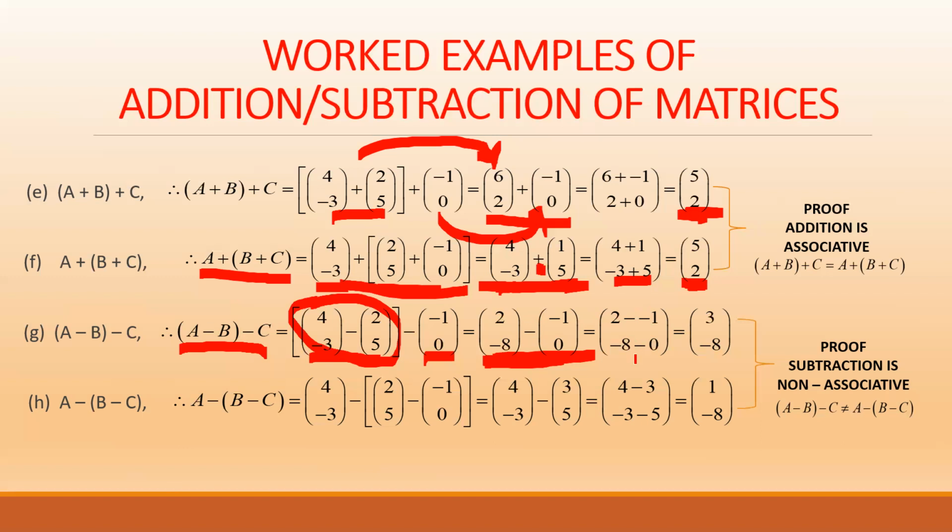It's going to reduce to a plus. So it's basically 2 plus 1 gives us 3. That's how we get that 3 there. And then we have -8 take 0, right? We know that 0 has no value right now. So we'd only be left with -8, right? So that's how we get that.